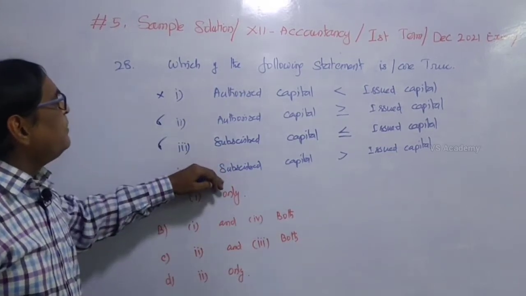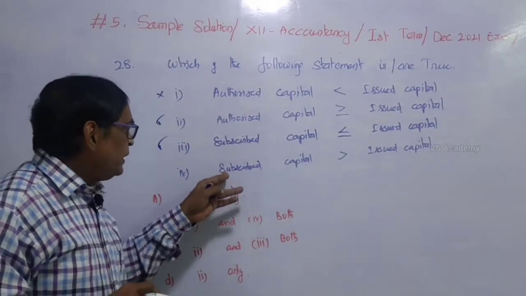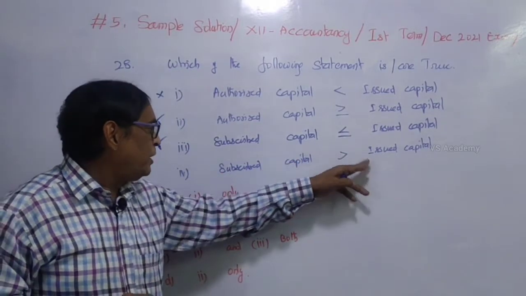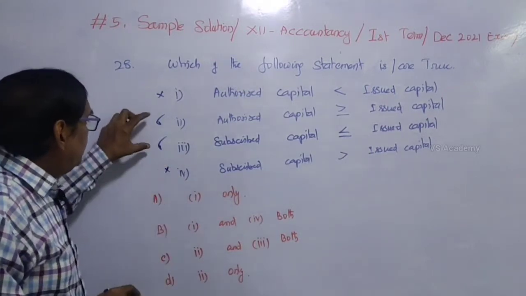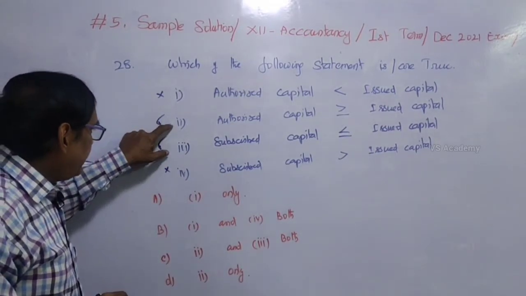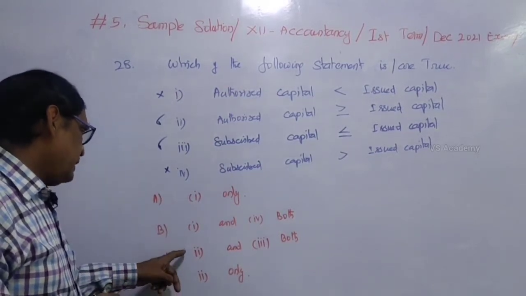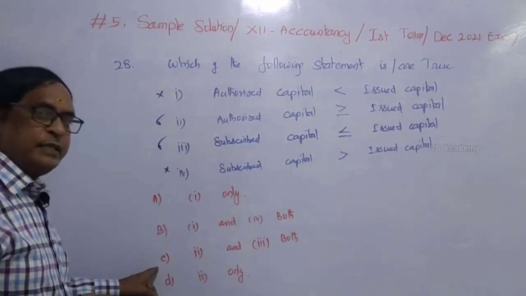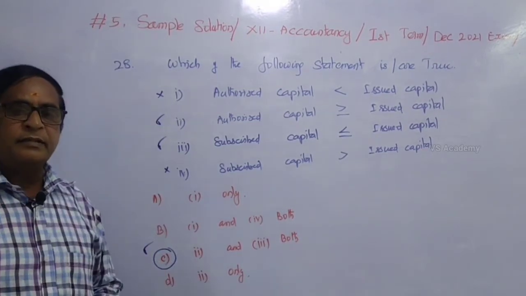And then subscribed capital greater than issued capital, definitely not, because subscribed is a portion of issued capital, so it's wrong. So the two statements are correct, second and third. Answer C is the correct answer.